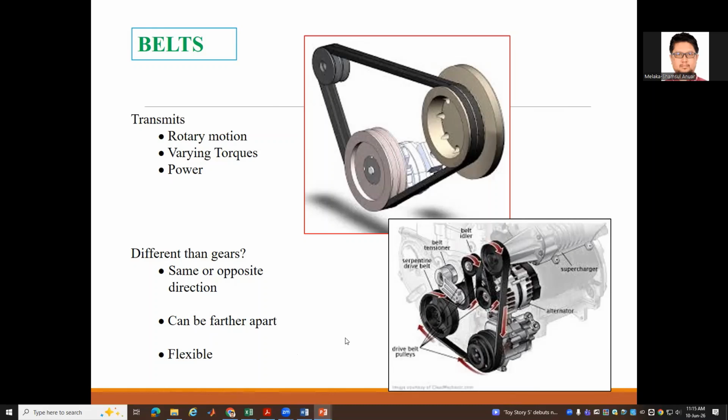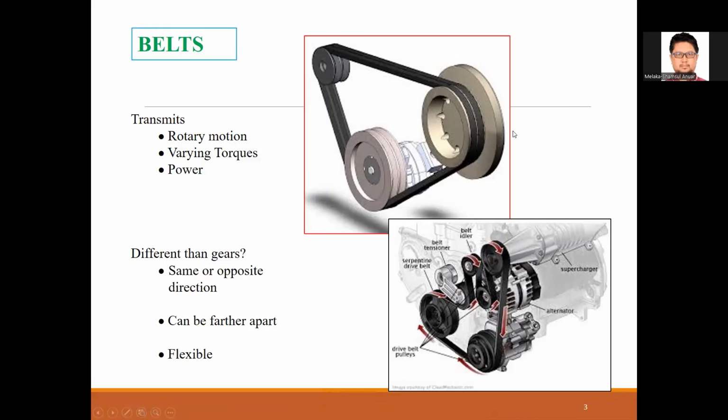If you want it to be opposite, you have to use a crossed configuration. Okay. And for most cases, if your input and output are a bit far apart, using gears is definitely out of the question.